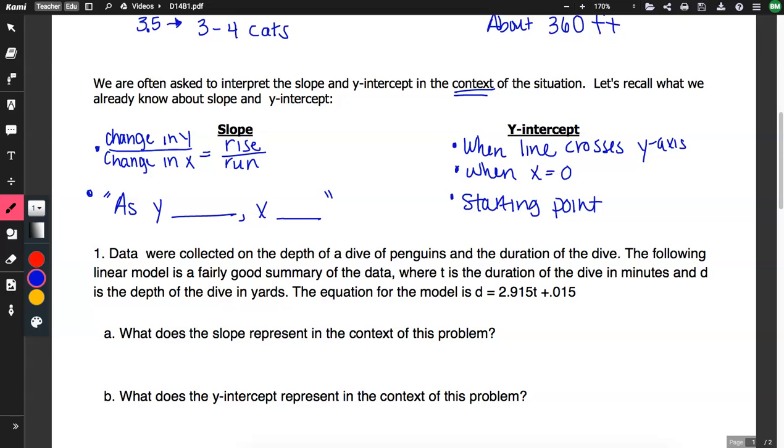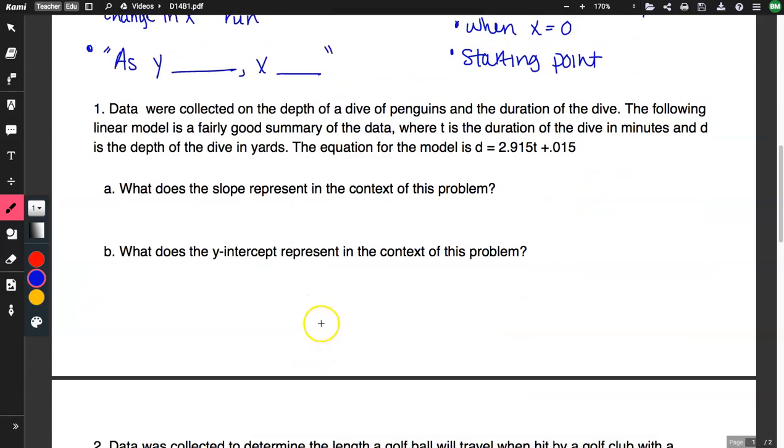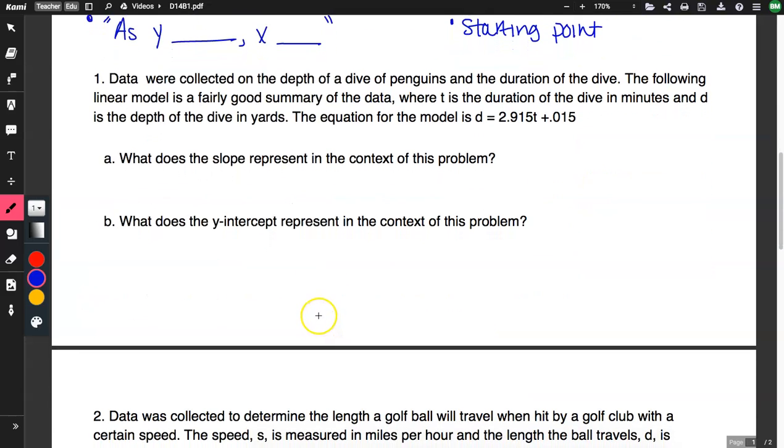It says data were collected on the depth of a dive of penguins and the duration of the dive. So we're looking at depth and duration. Duration means time, how long it took them to complete the dive. The following linear model is a fairly good summary of the data, where t is the duration in minutes and d is the depth of the dive in yards.